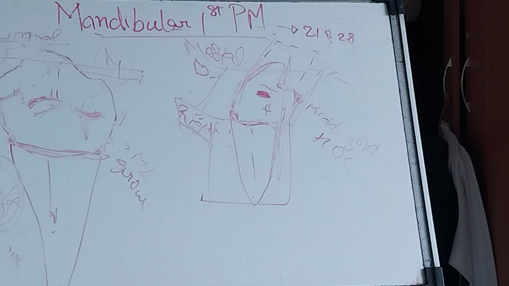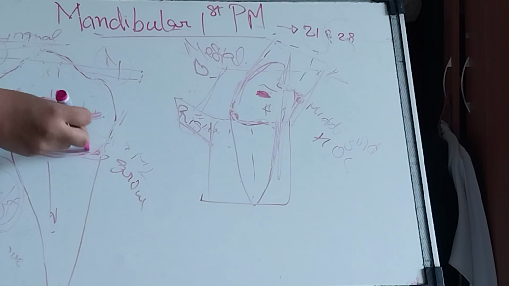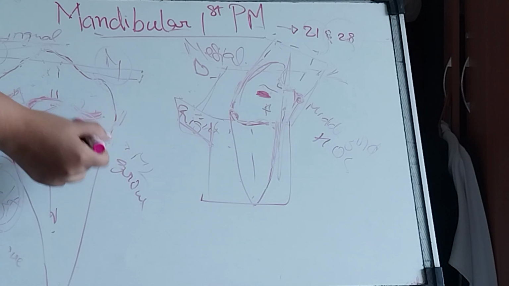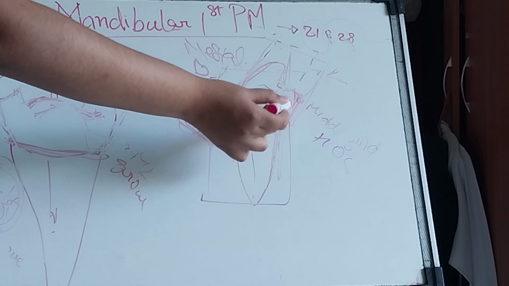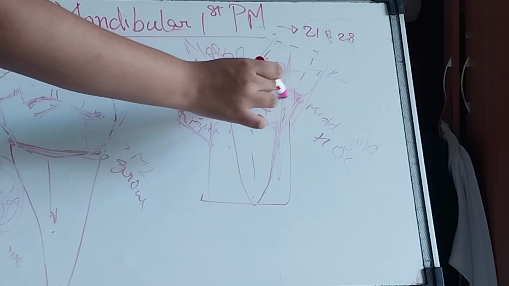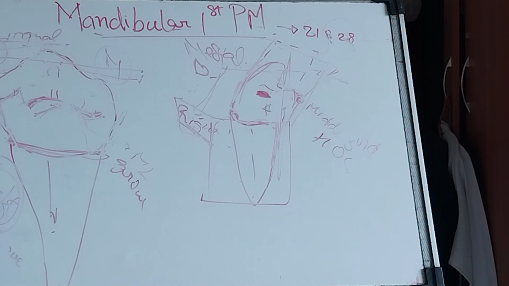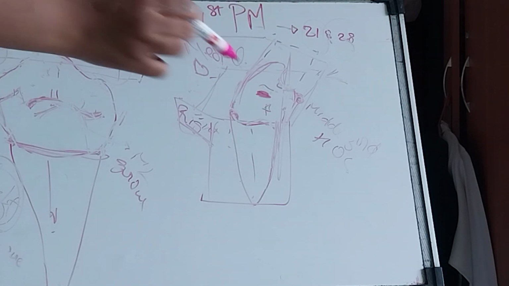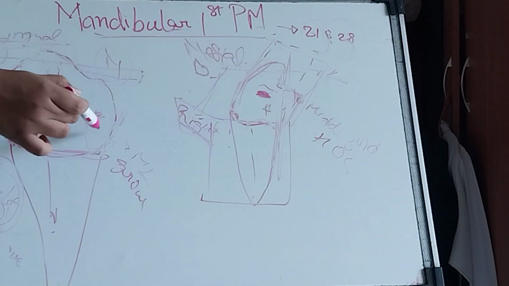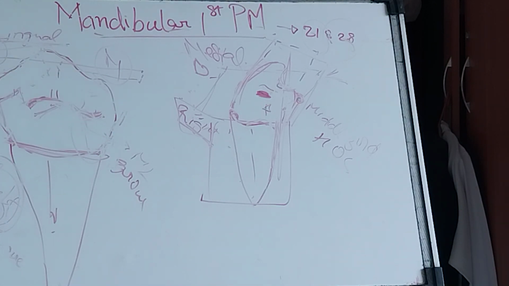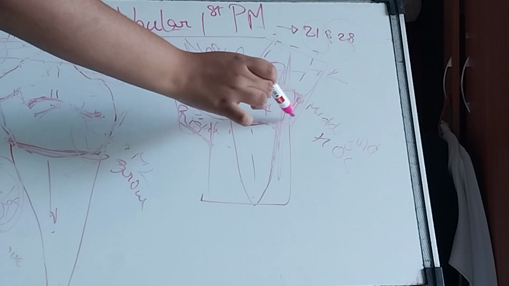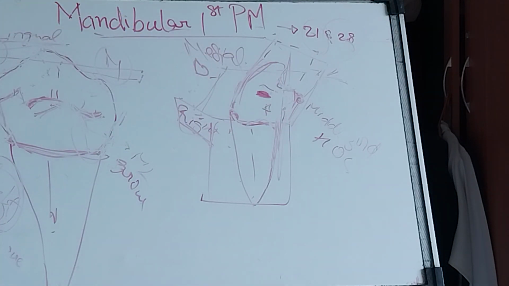As we had discussed, there was this mesiolingual developmental groove over here, so it can be seen on the lingual side as well as the mesial side. The whole surface is smooth except over there, because there's a groove, the mesiolingual developmental groove, and there is a small convexity over here near the cervix.